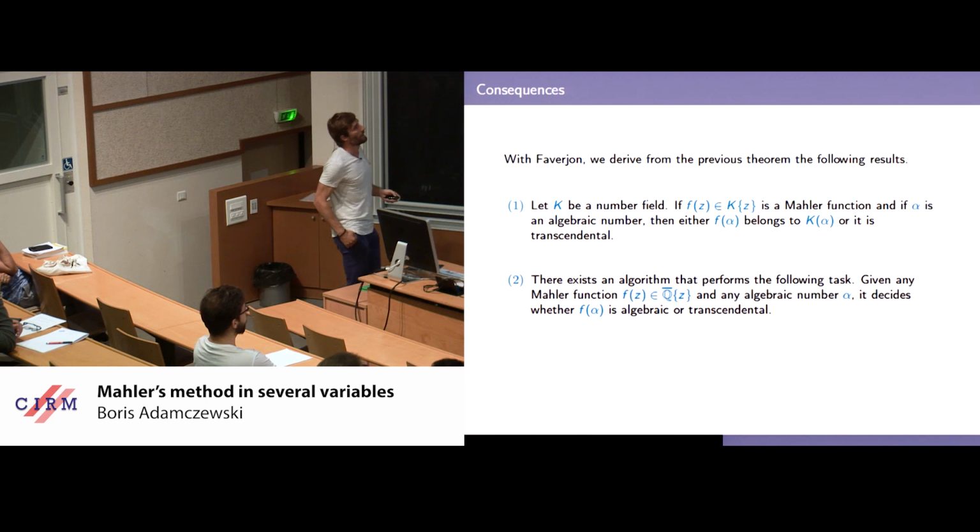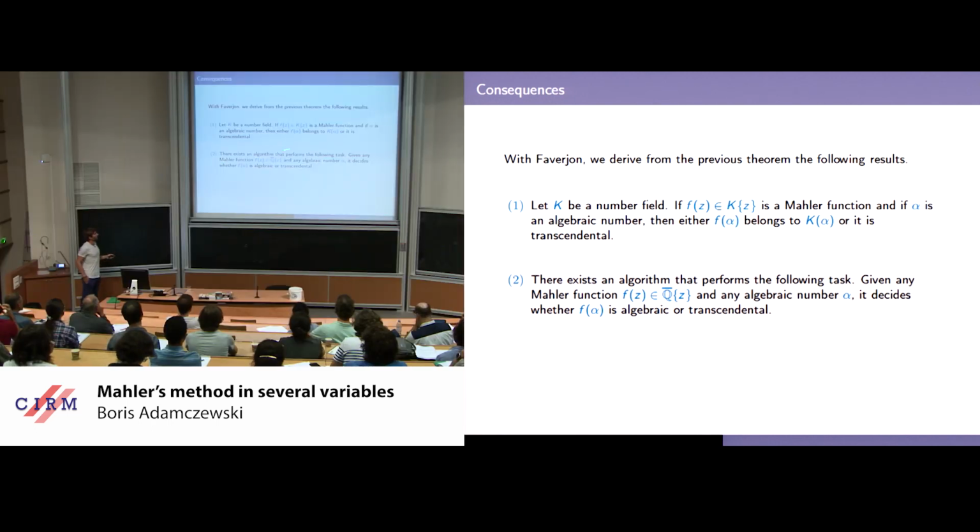And secondly, there exists an algorithm so that if you give me one function and one value, I can decide whether the value is transcendental or not. So you have to imagine that the difficult question of proving transcendence is now like a routine computation.